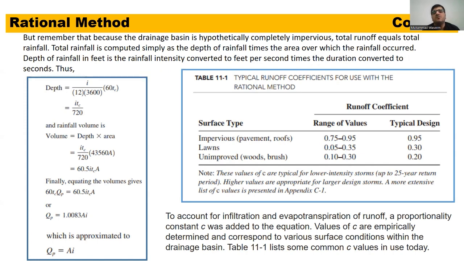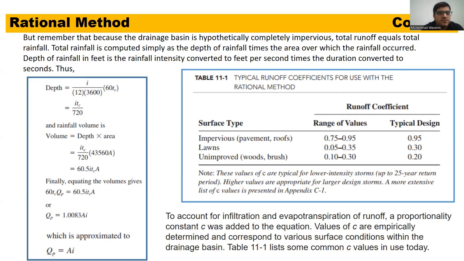Because as much as there will be rainfall, there will be an equivalent amount of runoff. So the total rainfall is computed simply as the depth of rainfall multiplied by the area over which the rainfall occurred.